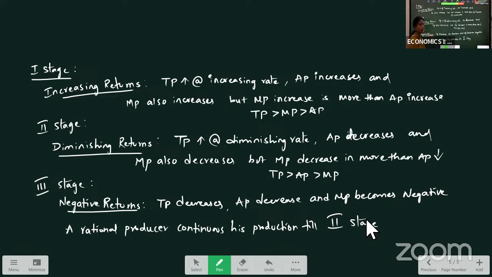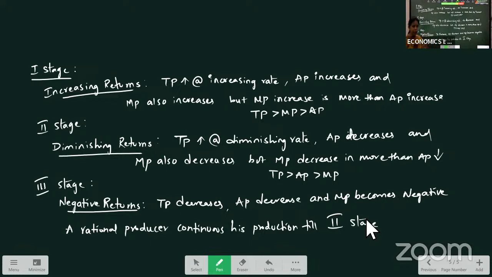In this law, what we are explaining is, as we increase our variable factors, our output increases in the beginning. Then it increases at a decreasing rate. And finally, our output decreases.